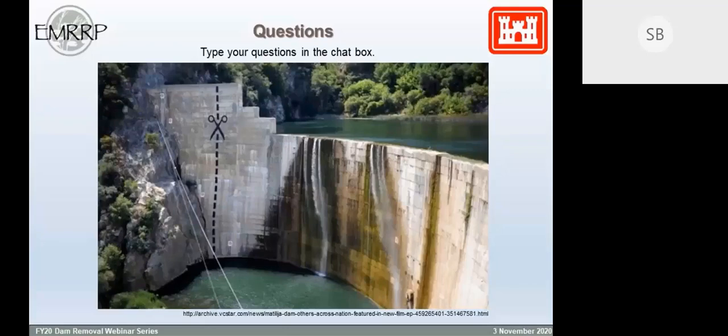So I don't know that I would characterize it as a sea change, but I would say there are parts of the nation that seem to be more accepting of higher sediment loads in a temporary context, like dam removal.